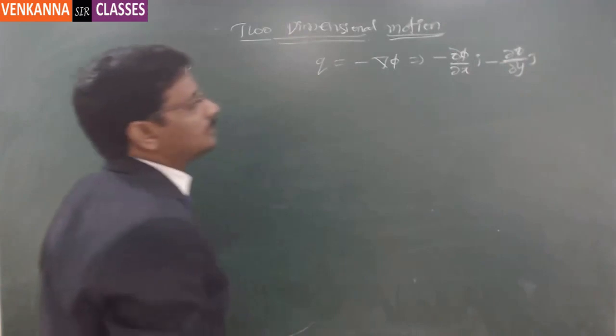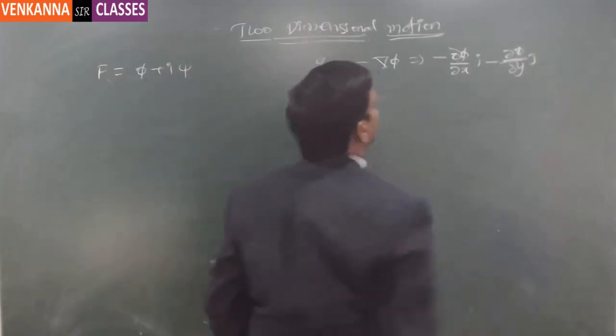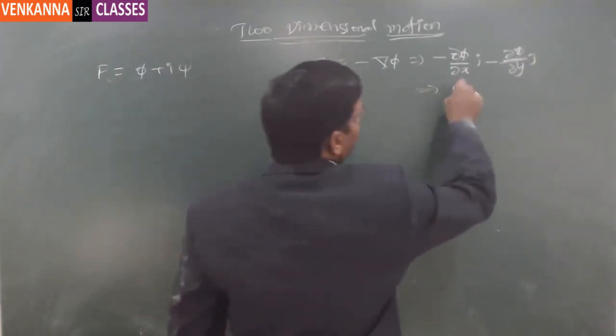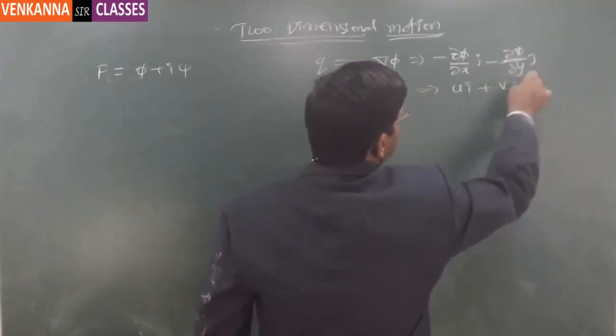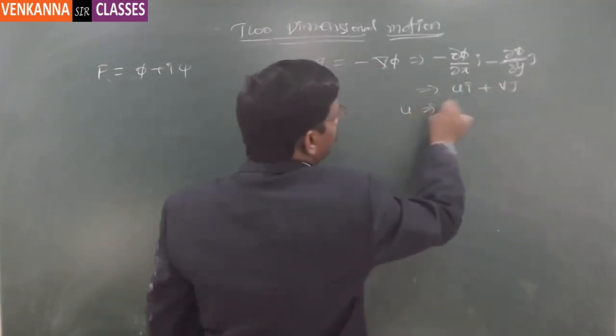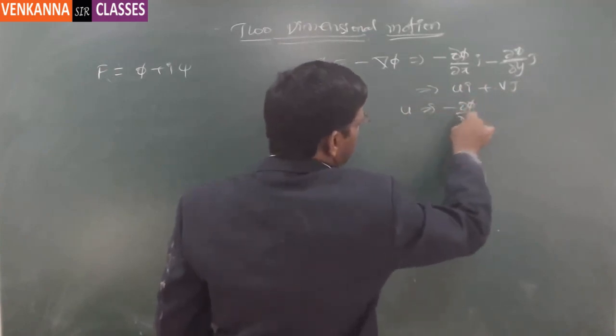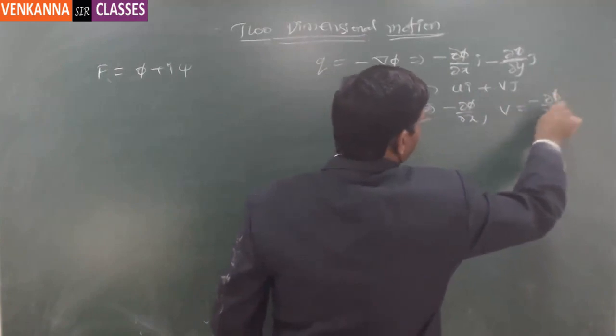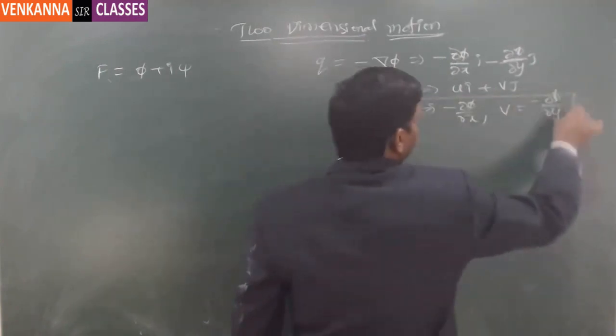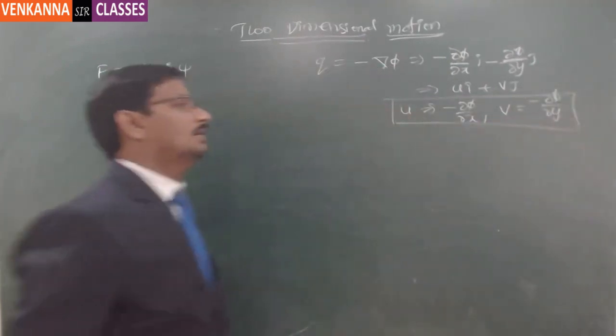So this is a two-dimensional flow, so I am ignoring the k component. Now this can be written as ui plus vj, where u is equal to minus dou phi by dou x and v is equal to minus dou phi by dou y. So these are the velocity components along the x direction and along the y direction.